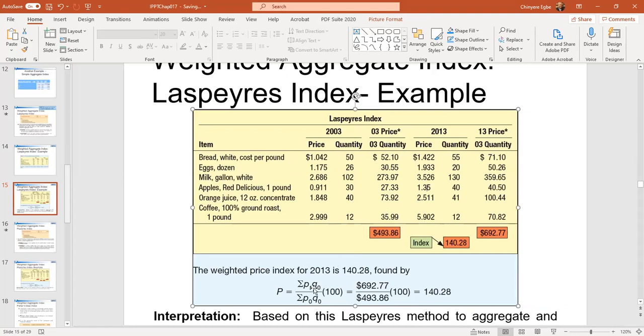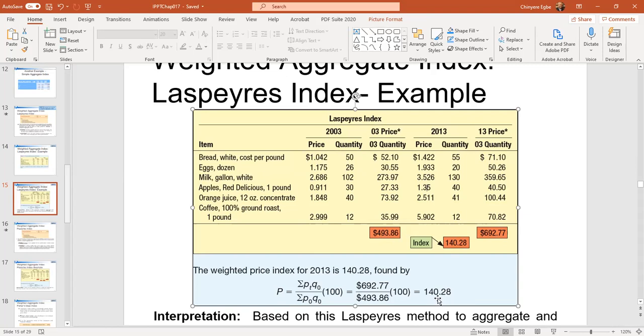And then we divide it by taking the price at the base year. The base year is 2003. We take the price and multiply by the quantity. And so once we get the two multiplications, here we get 692, we divide it by 493. And so the index for the two periods is 140.28.